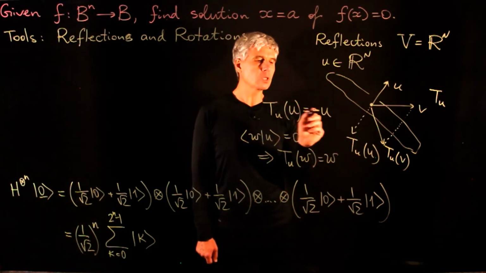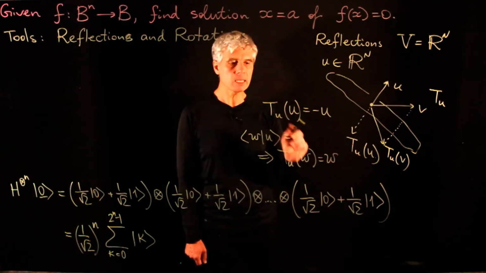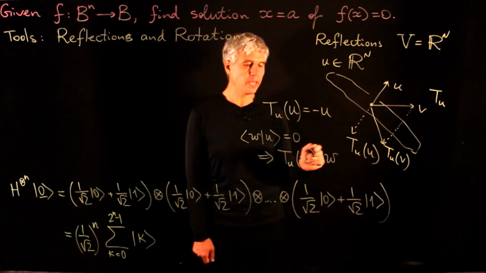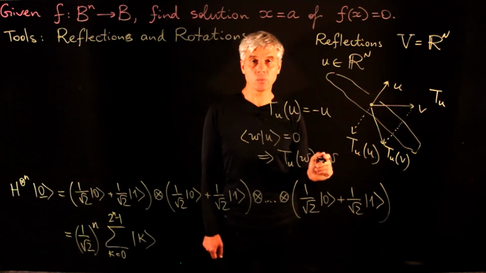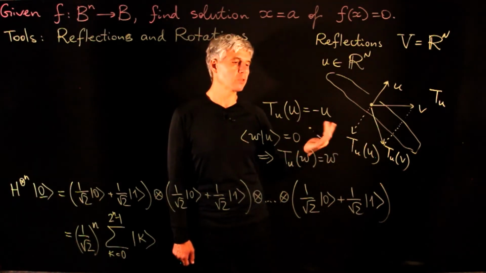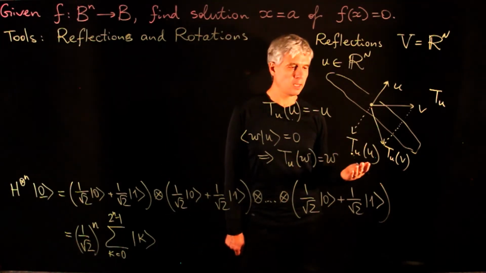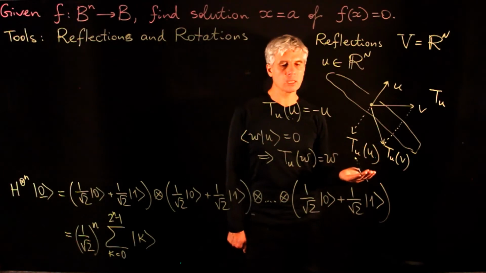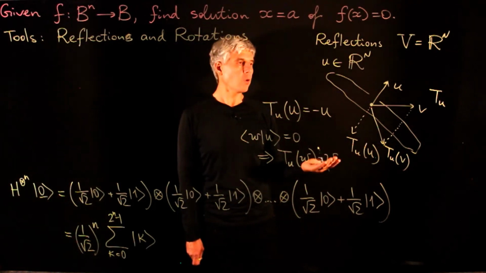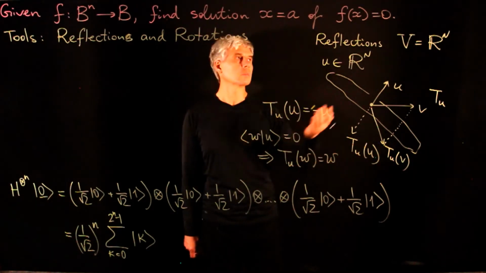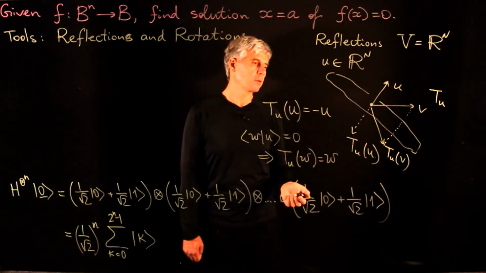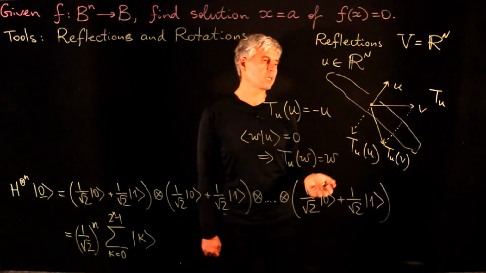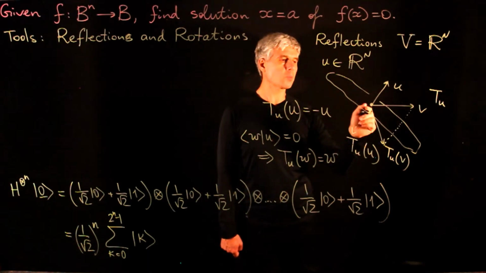The vector u itself has eigenvalue -1, and all vectors that are perpendicular to u will have eigenvalue +1. So we have an invertible transformation, and this transformation is orthogonal, or if we extend this to complex space, this is a unitary transformation, because it sends an orthonormal basis, right?